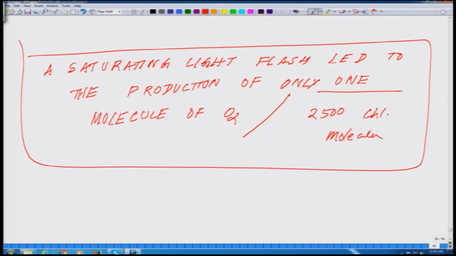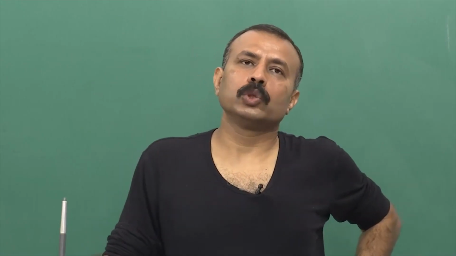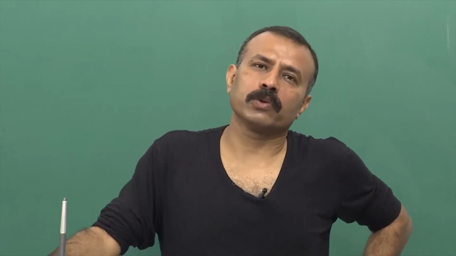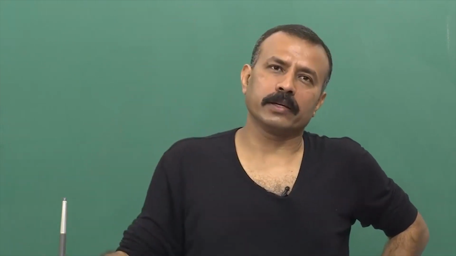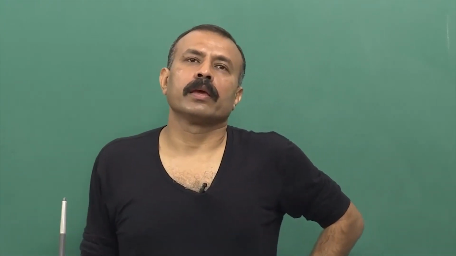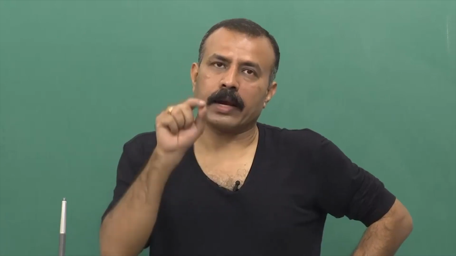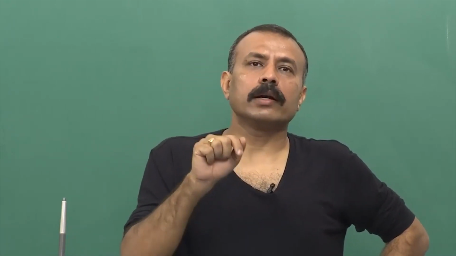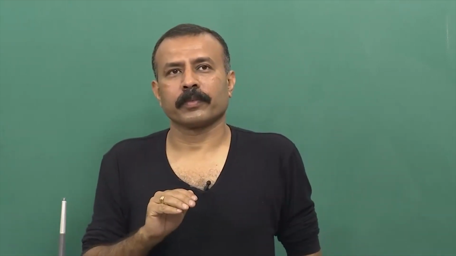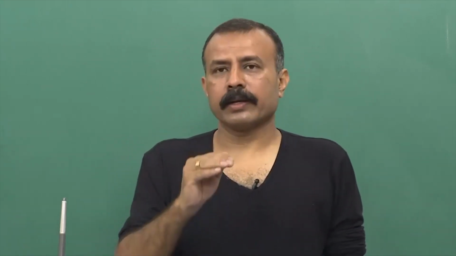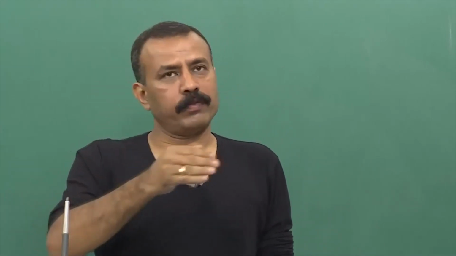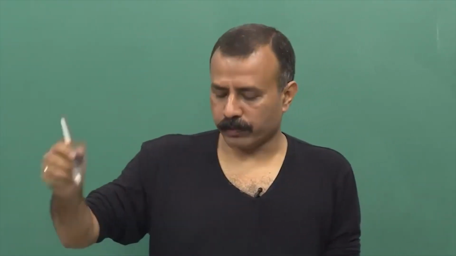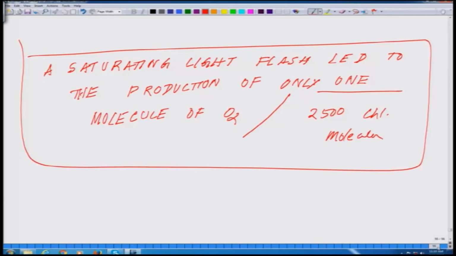which is significant. So, when 2500 chlorophyll molecules are illuminated, there is a single oxygen molecule being produced. It means that every chlorophyll molecule is not leading to the reaction. Based on that and several other experiments, it was proposed that what is essentially happening is something like this.